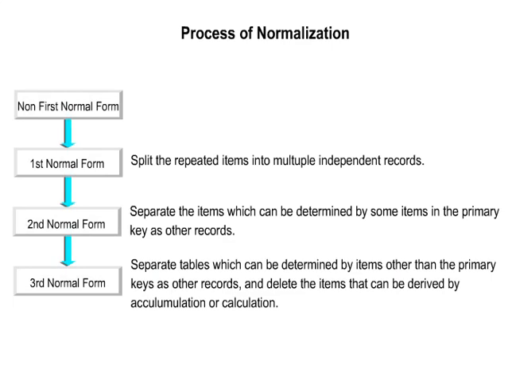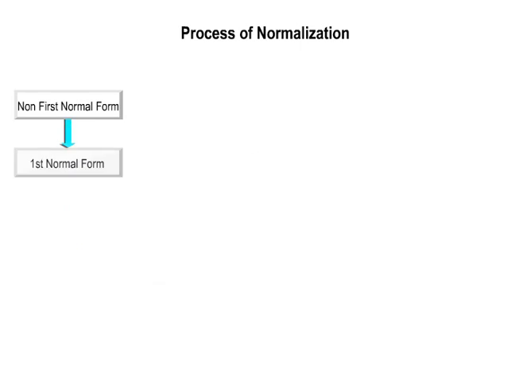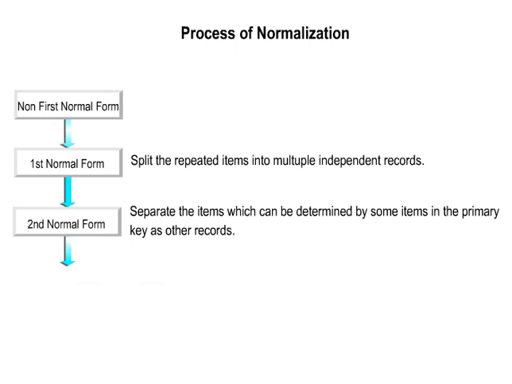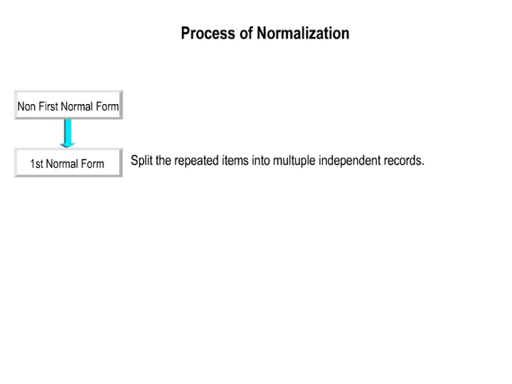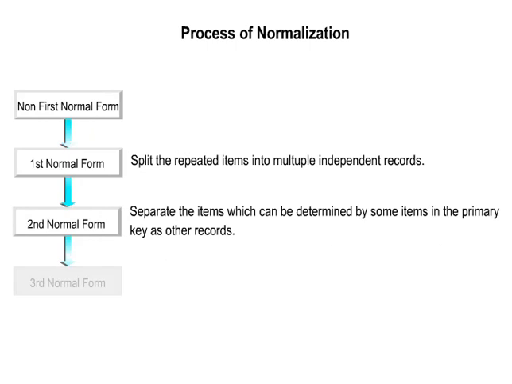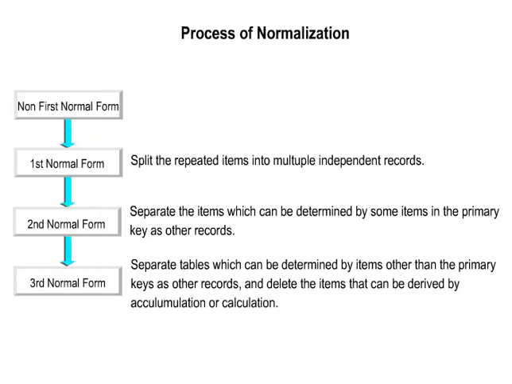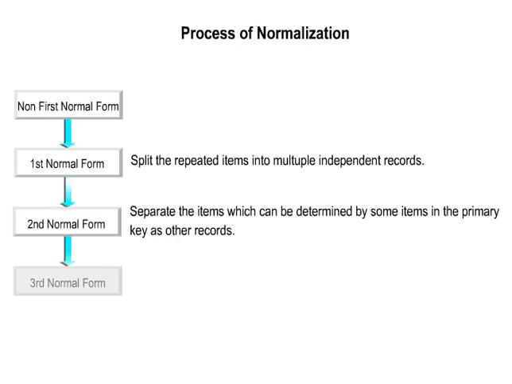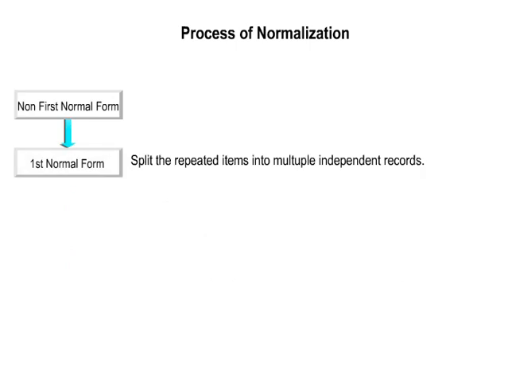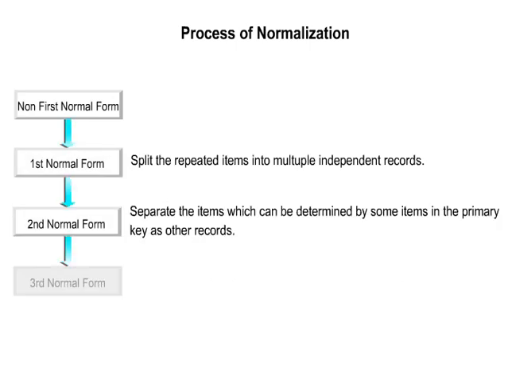3. Third normal form. For records that meet the conditions of second normal form, if there are any items that are determined by items other than the primary keys, those items can be extracted to form third normal form. In other words, in third normal form all of the items other than the primary keys are configured from records determined by the primary keys.